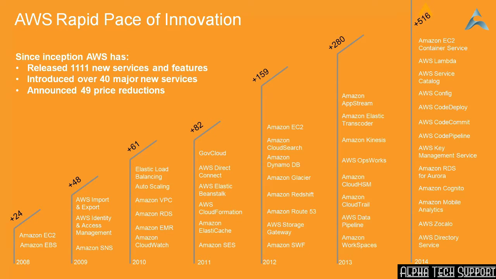There are various competitors in the market for AWS that includes IBM's Bluemix, Microsoft Azure, and Google Cloud. But AWS is ranked first among all those cloud vendors in various terms.